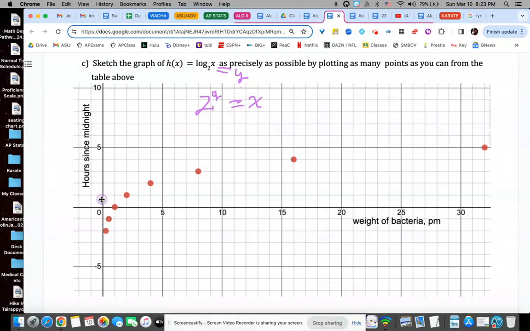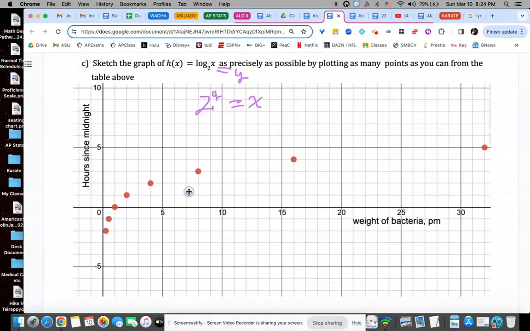So if I go 2 to the 0 power, I get 1 here. If I go 2 to the first power, but I'm talking about a 1 on the y-axis, that should equal 2 on the x-axis.